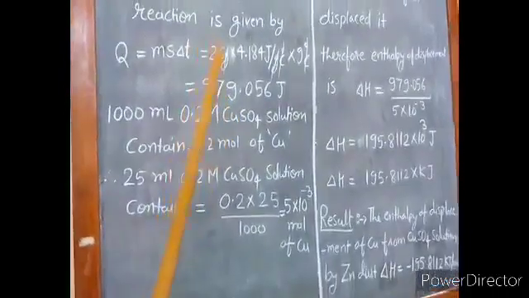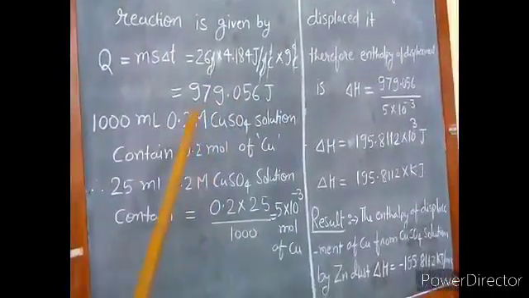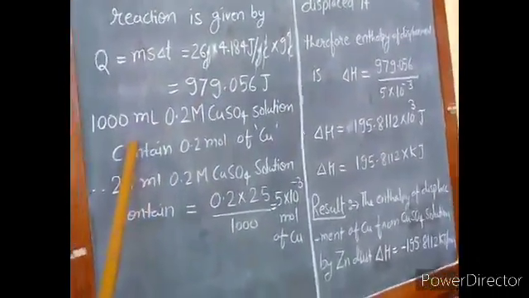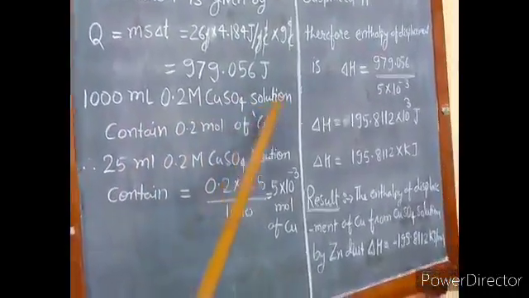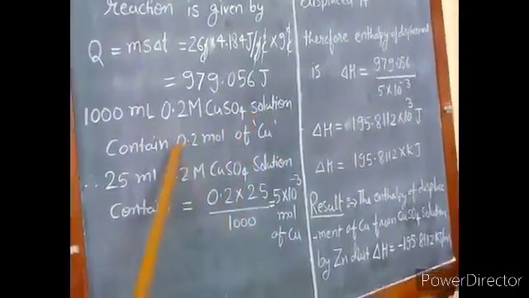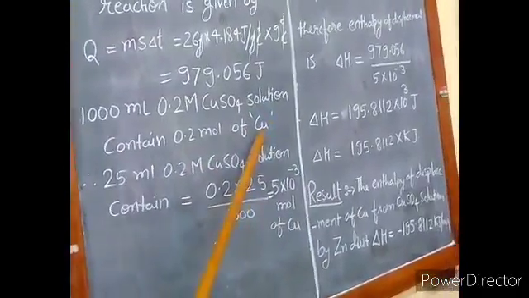Now, whenever we are determining the heat of any particular reaction, generally we are taking 1000 ml solution. So if 1000 ml 0.2 molar copper sulfate solution we have taken, then it contains 0.2 mole of copper.